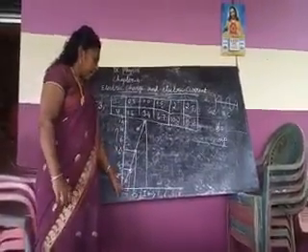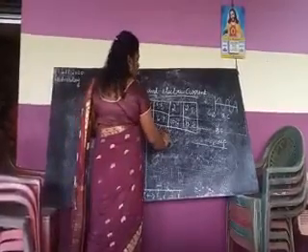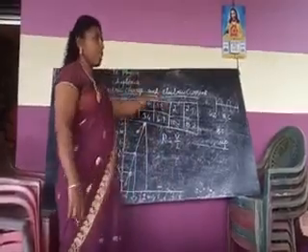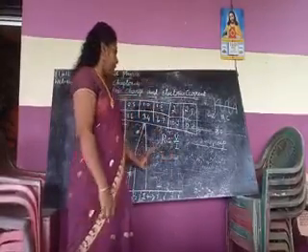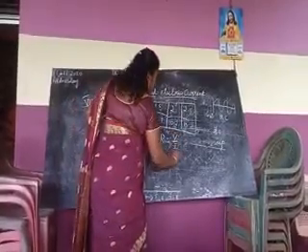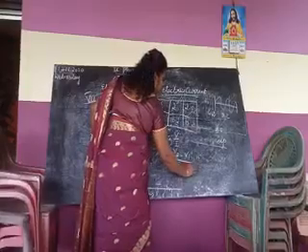The formula is resistance formula R equals V by I. This formula all of you know. V means potential difference, I means electric current. So here V1, V2 is there now. So instead of V we can write V2 minus V1 divided by I2 minus I1. So what's the value of V2?